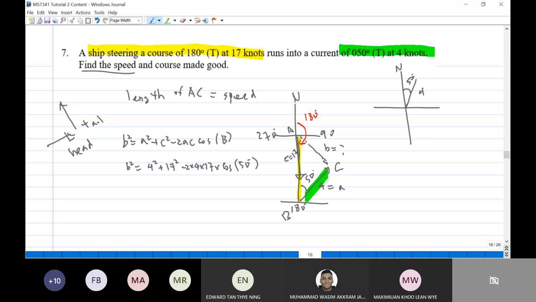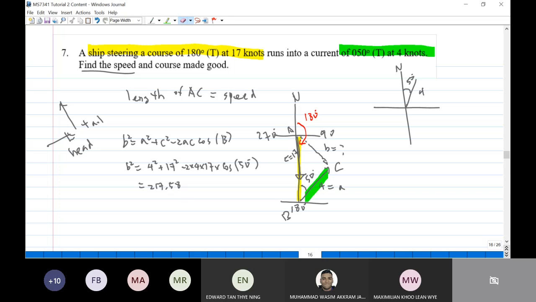So then it gives me 217.65, or 217.58. So I know what B is now.